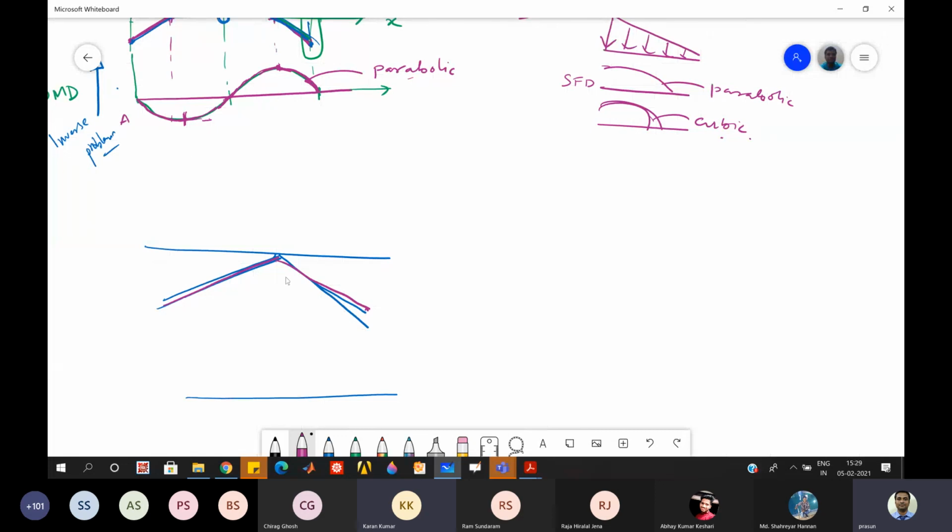Let me see. So we will see that there will be some force here. So you start with the force and then a distributed load here, right?